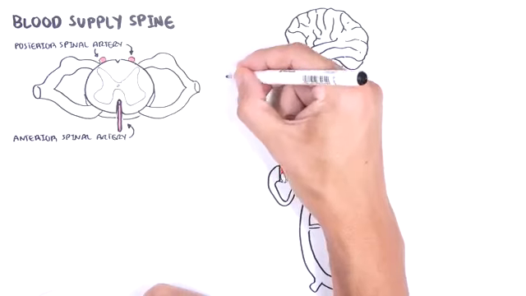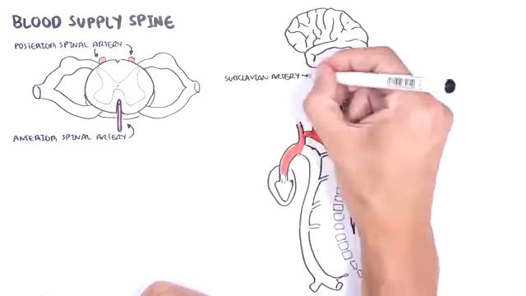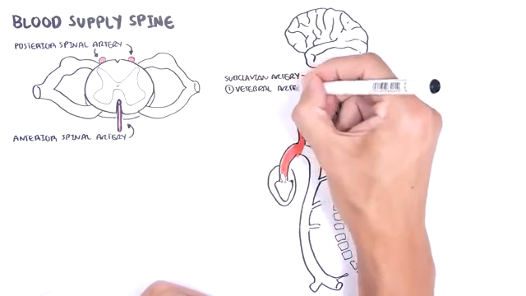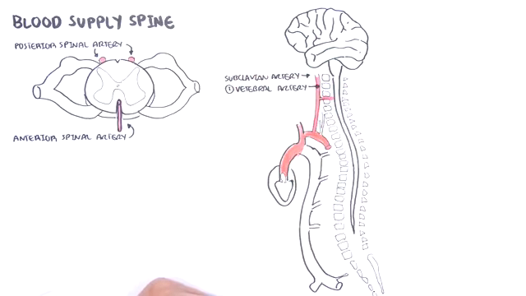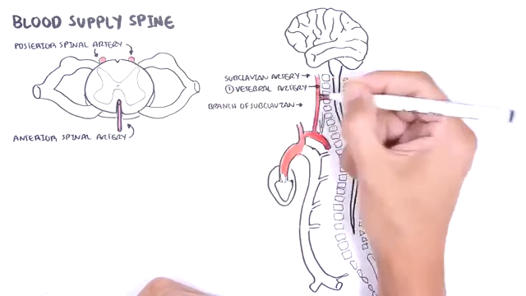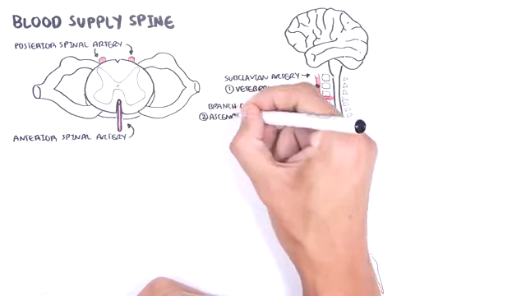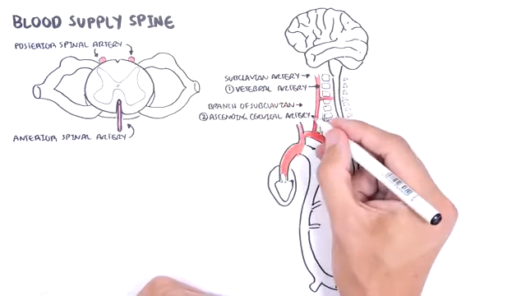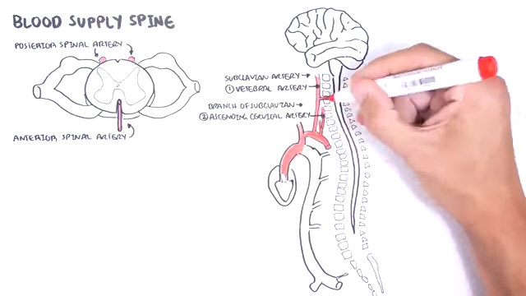the posterior and anterior spinal arteries arise from the vertebral artery, a branch of the subclavian artery. The spinal arteries also arise from another branch of the subclavian artery called the ascending cervical artery.